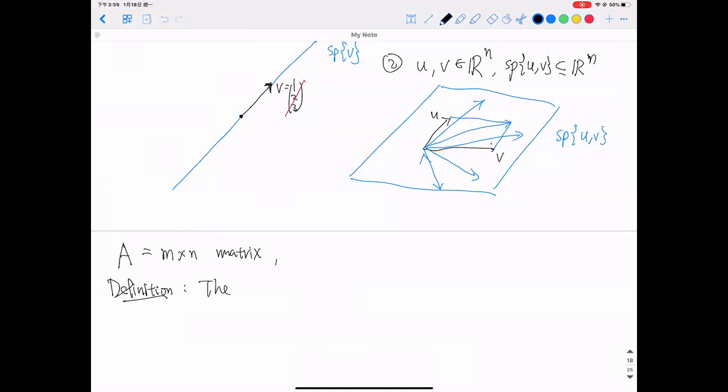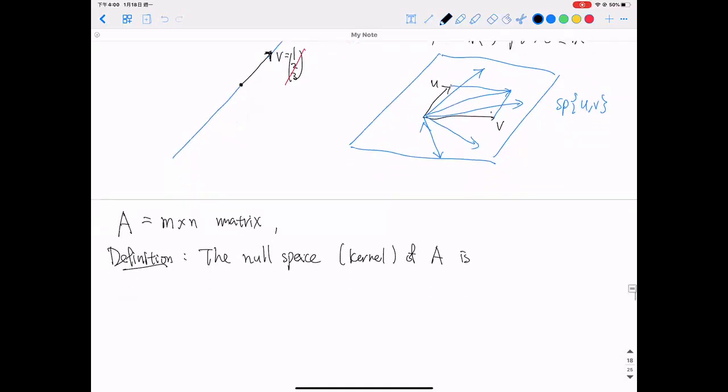The null space, also known as the kernel, of A is defined to be the following subset. The notation is N(A).